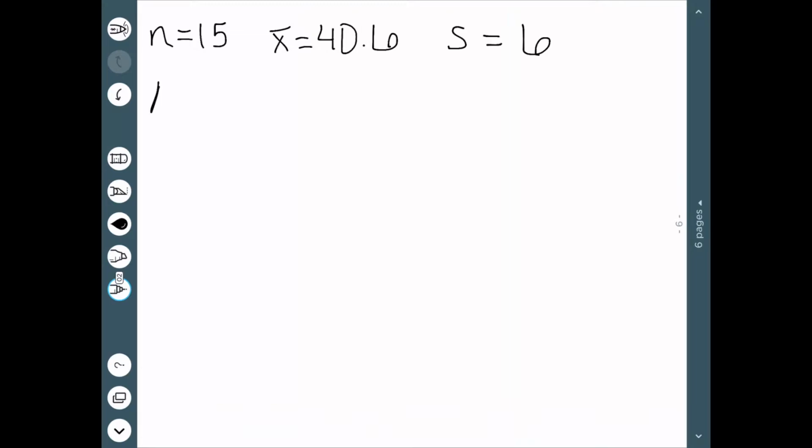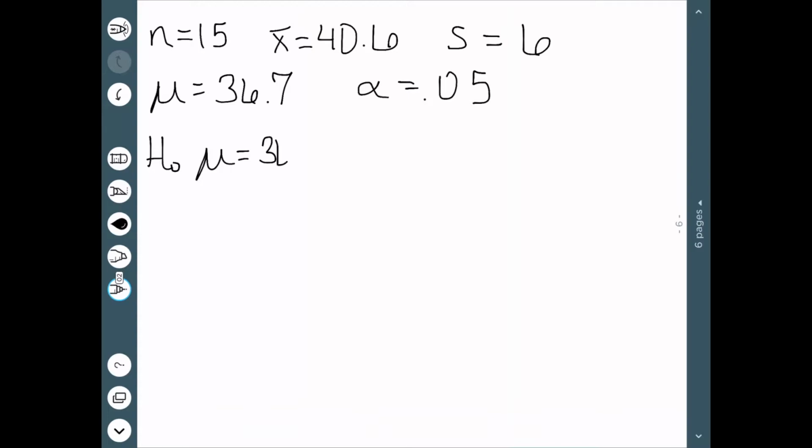We know that on average across the entire population, the actual volume oxygen uptake is 36.7, and we want to test this at alpha equal to 0.05. So the question is, is it 36.7, or for joggers, is it greater than? We actually want to know if the joggers are increasing. So that's our H1.